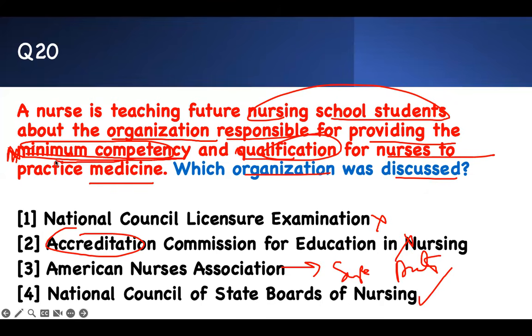No, that's not the idea. It's to give you the minimum competence, so that they can be confident that when you go to the floor, you make a decision that is enough to save the patient's life by being sharp. So qualification, that's all. So D, number 4, is your right answer.